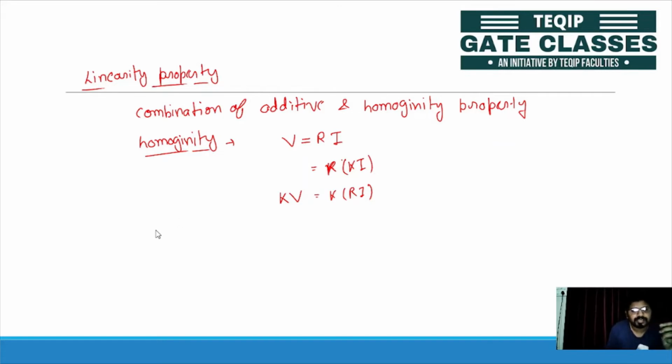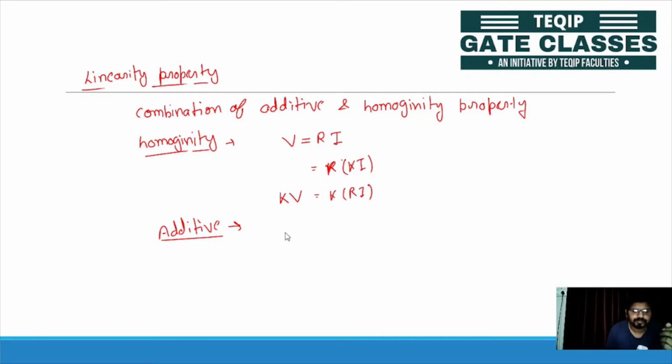And what is the additive property? Additive means the response for the sum of inputs will be the same as the sum of the responses of the inputs taken separately.